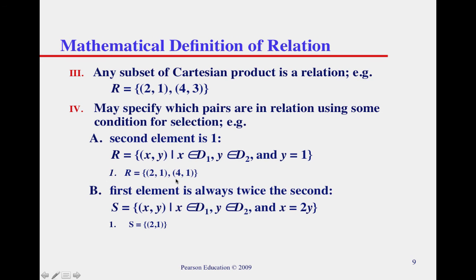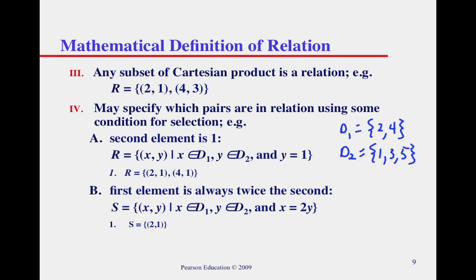So I'm drawing it from the domain where D1 is equal to {2, 4}, and D2 is equal to {1, 3, 5}. So in example A, I've said that any tuple that has the second value or the second column is 1 is a valid tuple. Therefore, you can take any value from the first domain and pair it with the 1 from domain 2. You get those two tuples.